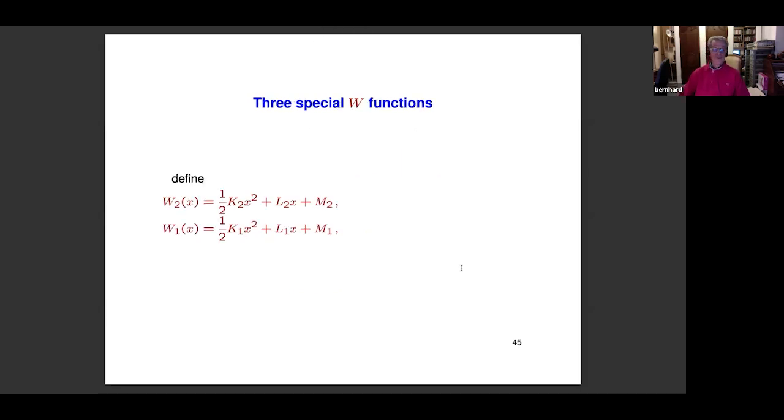I also introduced new W functions. So we have already seen W2 and W1, which are the standard quadratic functions with the two possible solutions of the algebraic Riccati equation.